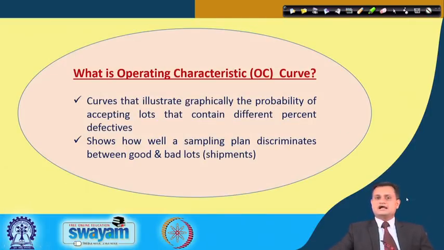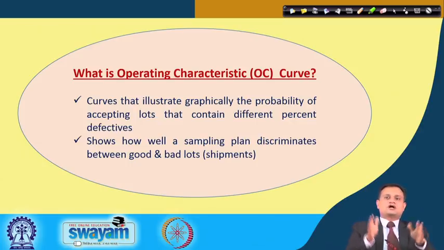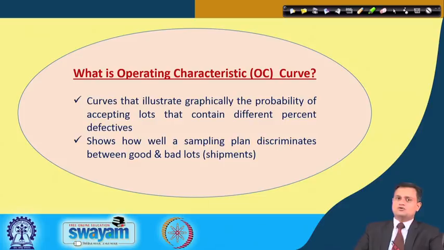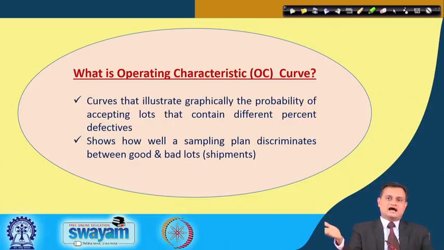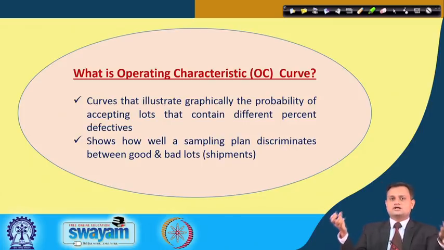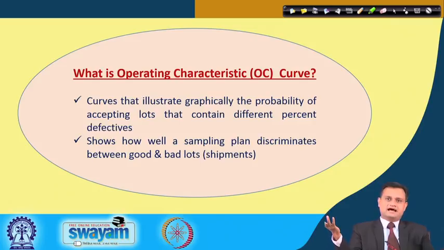Again, when I have to talk about the discriminatory power, I have to talk about the goodness of my control system. I must talk about the operating characteristic curve, and exactly the way we developed the operating characteristic curve for the control charts, I also need to use this concept in order to check the performance of my acceptance sampling plan.